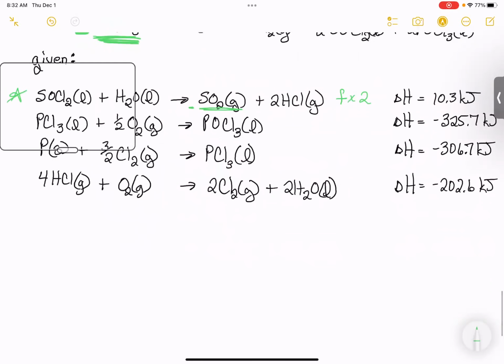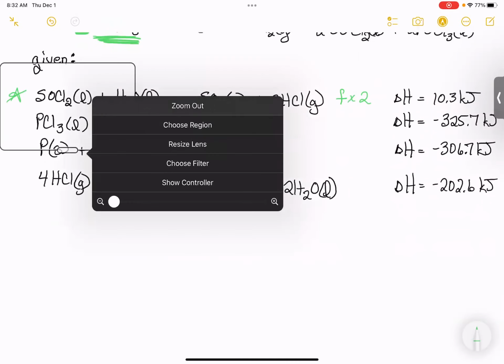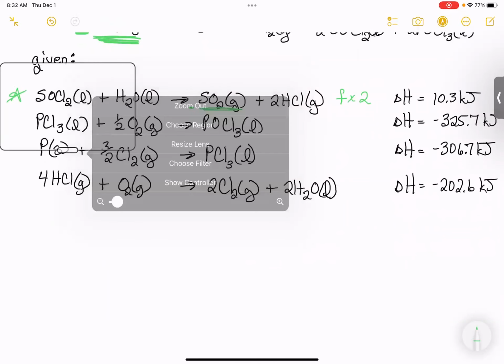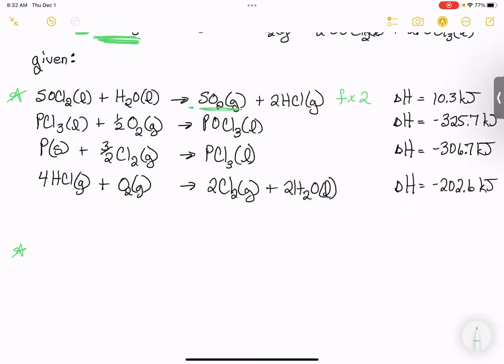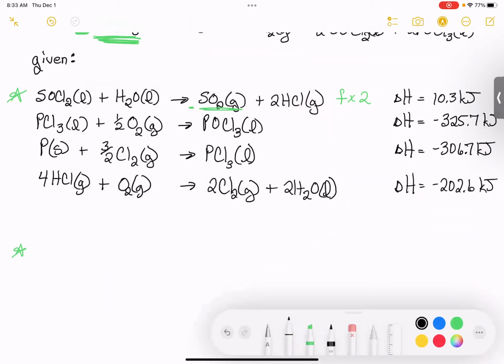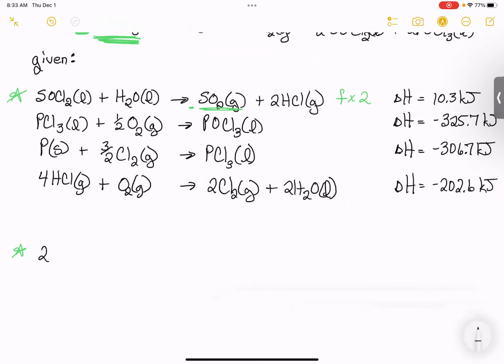So this first equation becomes 2 SO2 gas plus 2 HCl gas goes to form 2 SOCl2 liquid plus 2 H2O liquid.